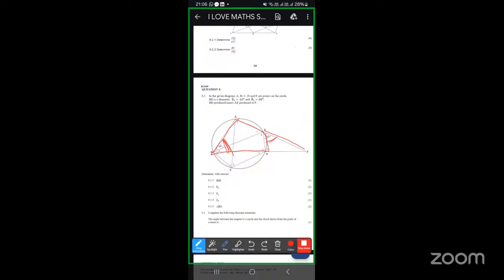Okay. Then now that angle ABD is equal to 62 degrees, reason being exterior angle of a cyclic chord is equal to interior opposite angle. Then we can say, okay, that is 62. Then we can say B2 is, no, I don't even think we need B2. But can you guys see this diagram right there?